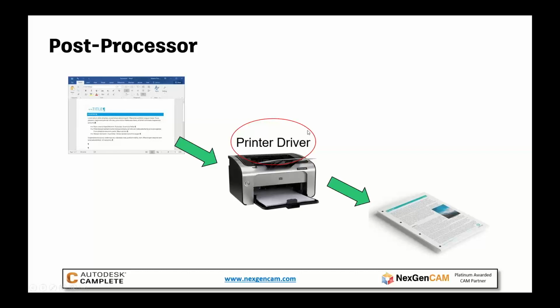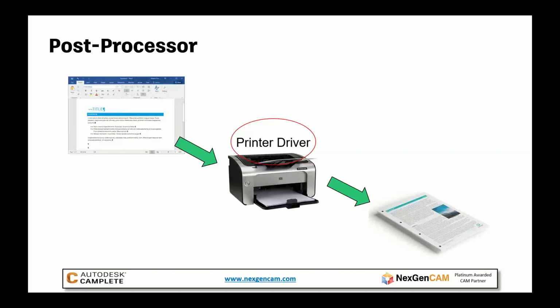So from a code generation and post-processing perspective, the best way to put this into perspective for users that may not necessarily be familiar with the environment would be to use the analogy of a printer driver. When a document is created and you go to print it, you simply click print, and there is no second thought as a user as to where the printer head has to go, how fast it has to move, or how much ink gets dropped at every line that gets printed.